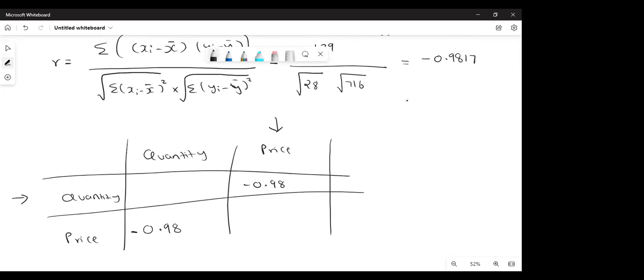So 0.98 is called what? First, you tell me. Open the correlation matrix and read the theory. After that, some numbers are written. So are we getting it between -1 to +1?